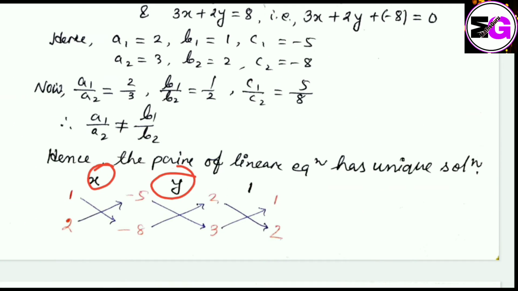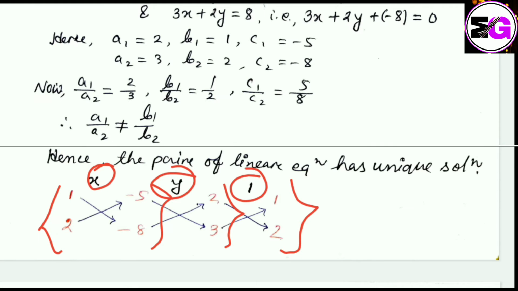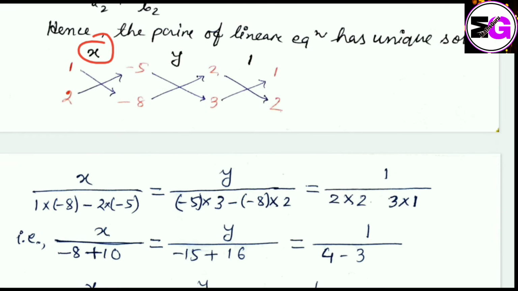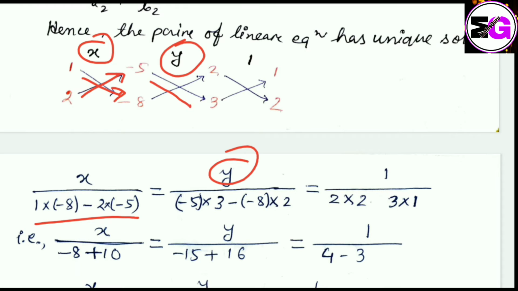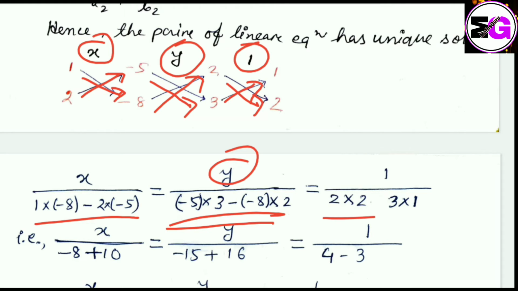Now let us see how we do the cross multiplication method. First we write x, y, 1, then b1, b2, then c1, c2, a1, a2, again b1, b2. Then x divided by 1 into minus 8 minus 2 into minus 5, and y divided by minus 5 into 3 minus minus 8 into 2, that is equal to 1 divided by 2 into 2 minus 3 into 1.